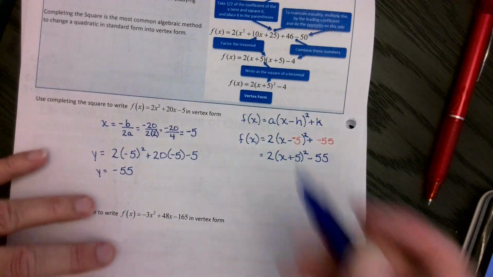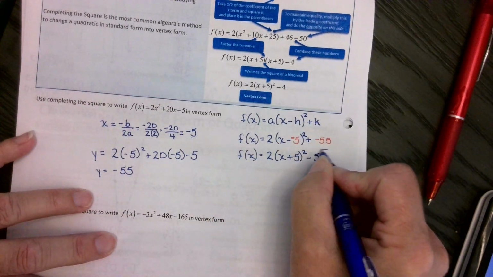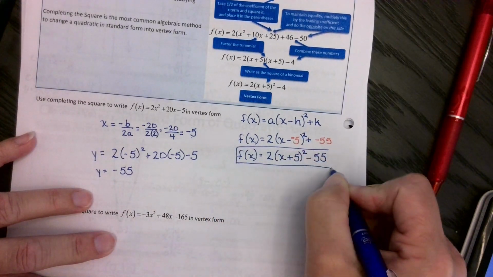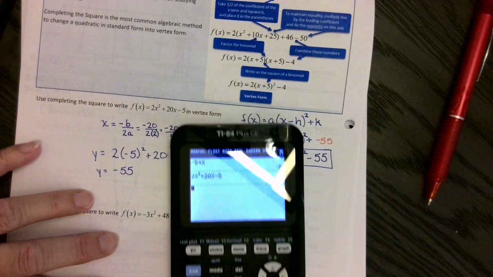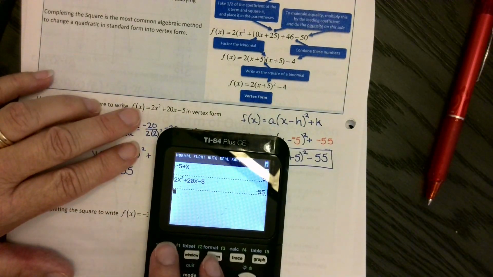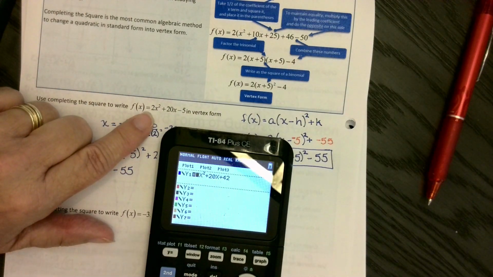Now, we just wrote our new function. Now, you can check it because we have graphing calculators. If you're at UT, it depends on your instructor. Some of them allow graphing calculators, some don't. So here's what I'm going to do. I'm going to go into my y equals, and I'm going to put this. And all I have to do is change this to minus 5, and I can delete that.